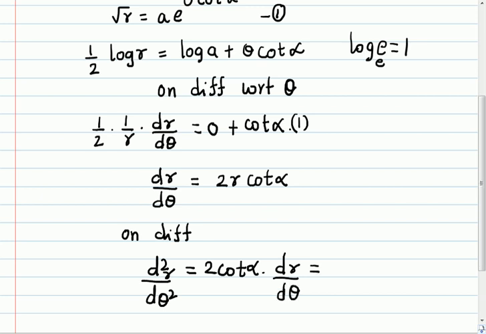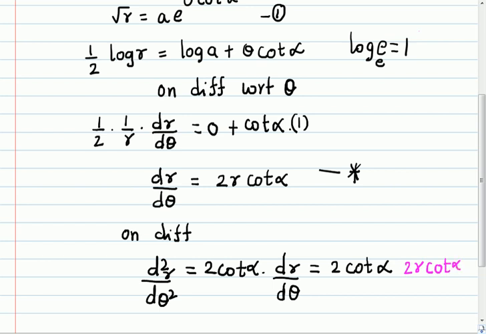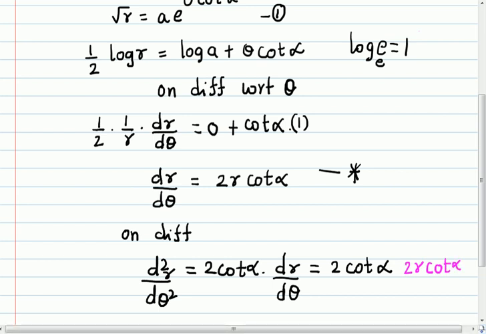From the first relation, you can observe from this star relation, what is dr by d theta? It is 2r cot alpha. So if you simplify these two, we are getting 4r cot square alpha, isn't it?